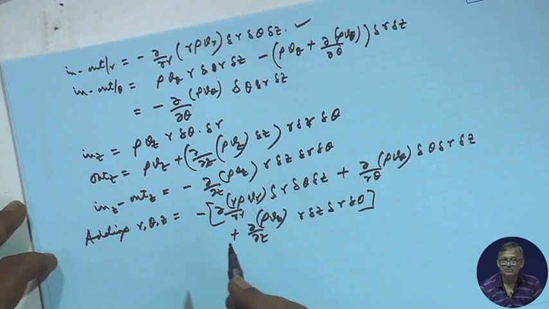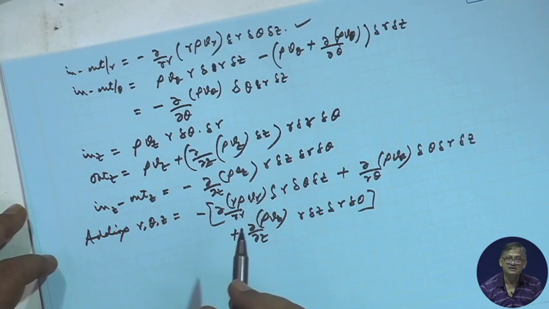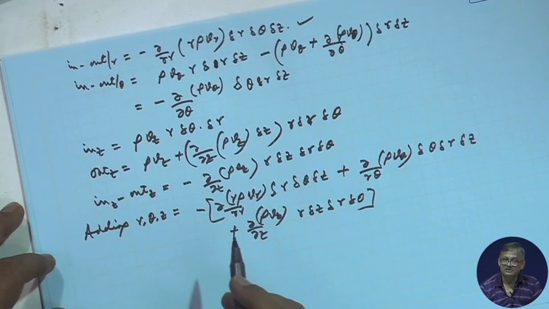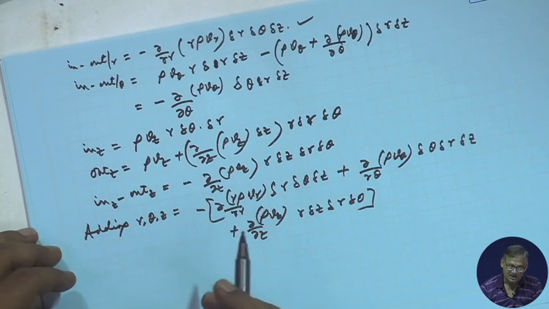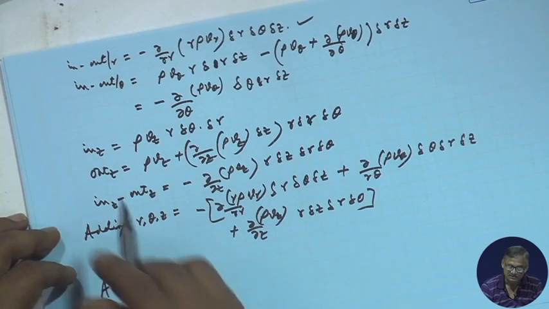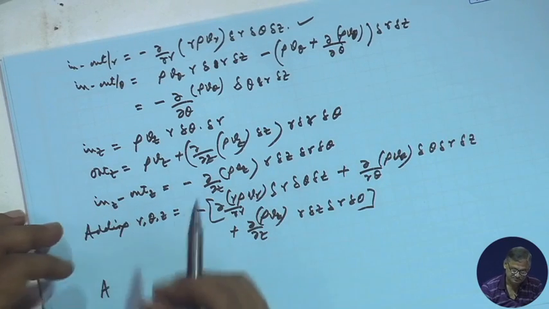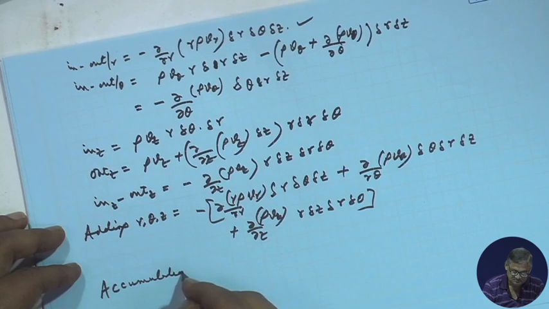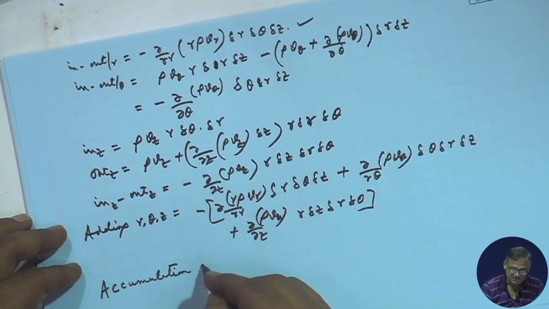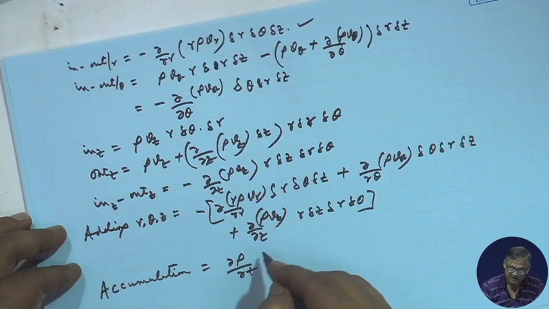Then we also have to find out the accumulation. So the accumulation is del rho del t in the entire volume element.